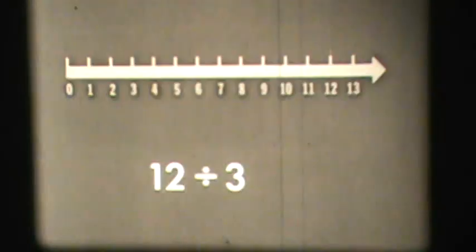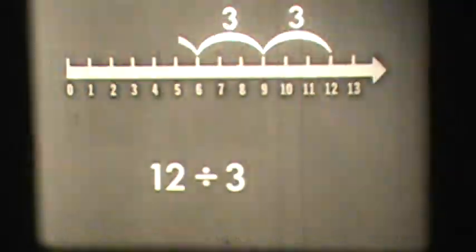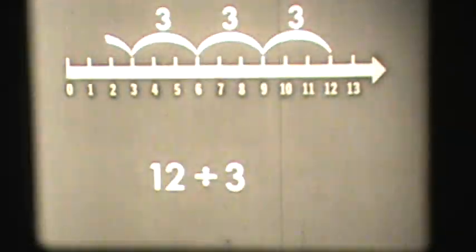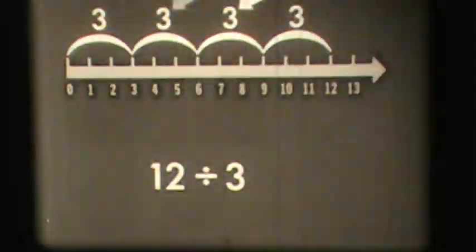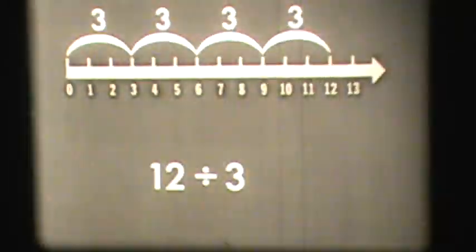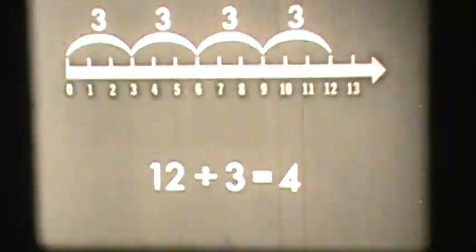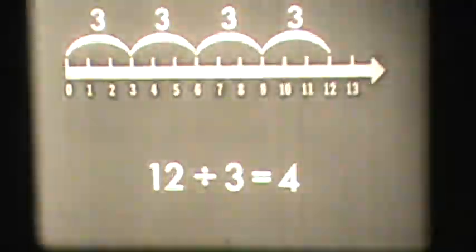As in subtraction, we move to the left 3 spaces, then 3 more spaces, 3 more, and 3 more. We see that there are 4 3s in 12. So 12 divided by 3 equals 4. We've checked our division fact on the number line.